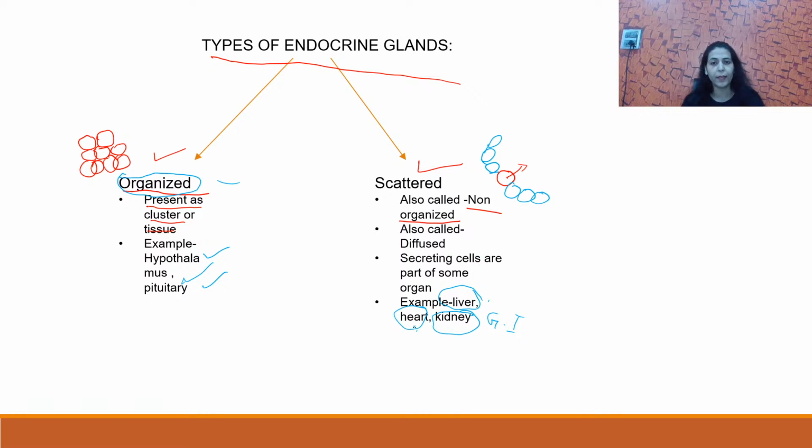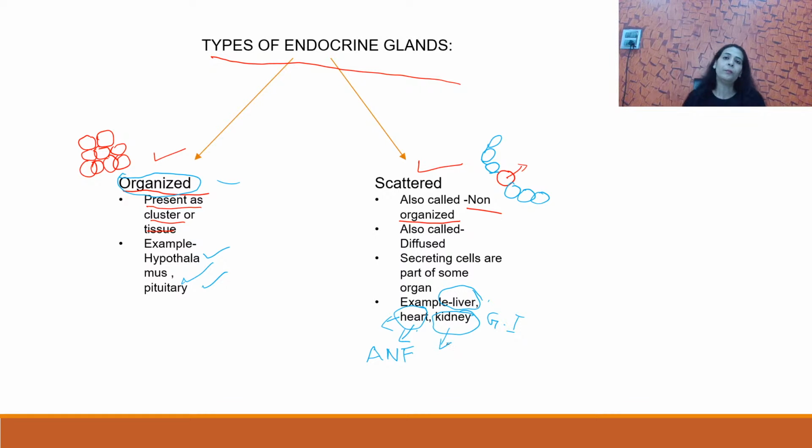For example, take the heart. In the chapter on excretory products and their elimination, you would have learned that there is something called ANF, atrial natriuretic factor, produced by the heart. The heart is responsible for pumping blood, but one of the cells in that lining is modified to produce ANF.